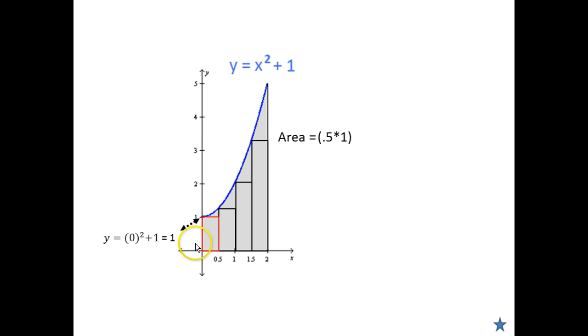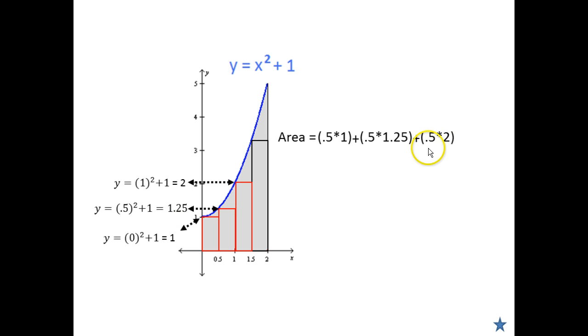Okay, now we're going to find the area of each rectangle. So this first rectangle, the width is 0.5 and the height is 1. The second rectangle, the width is 0.5 still, and this height is right here where x equals 0.5. So if you just plug 0.5 into the formula, it will give you the height of 1.25.